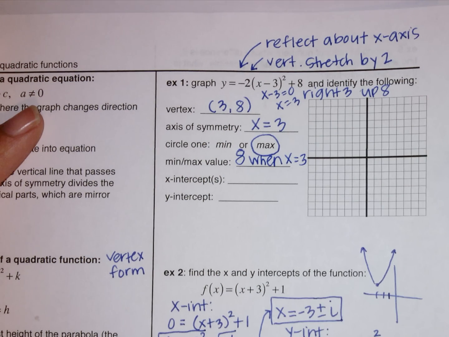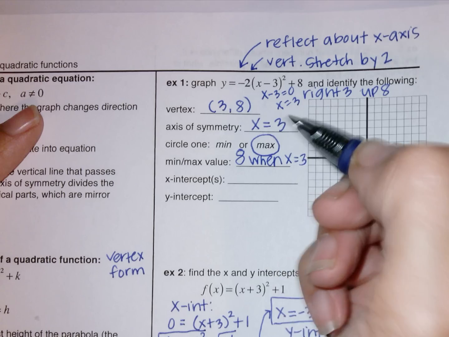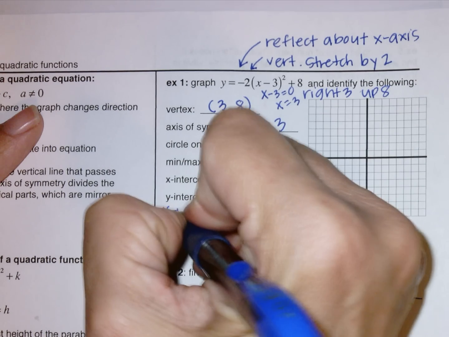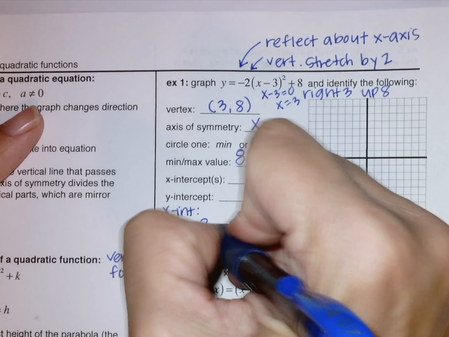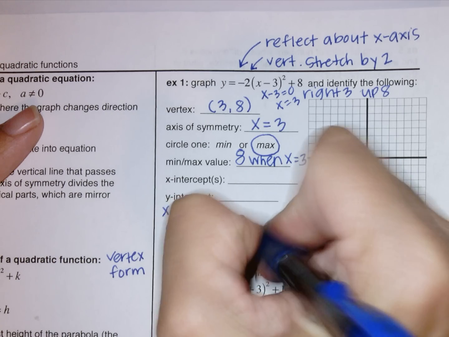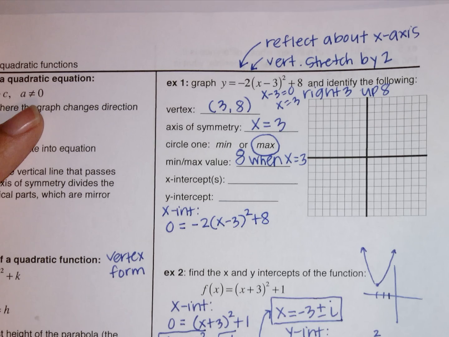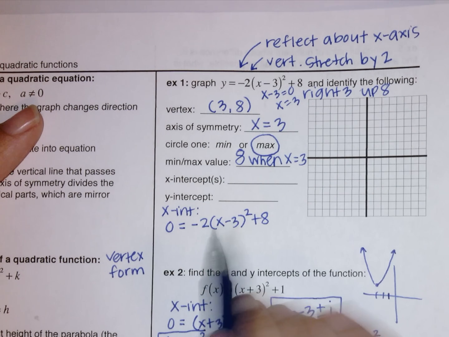If you want to know your x-intercepts, you are going to set the equation equal to 0, like that, and solve this equation. So again, don't worry about foiling it out, just undo the stuff around the x.